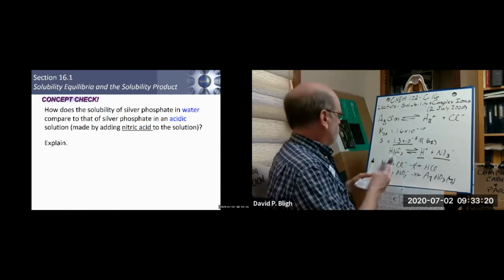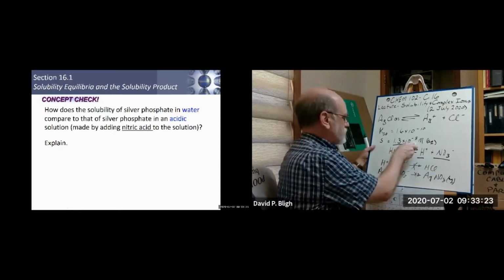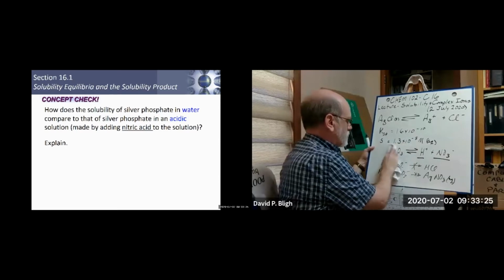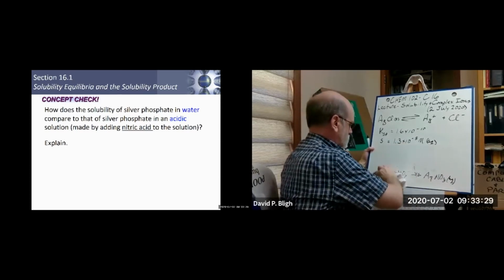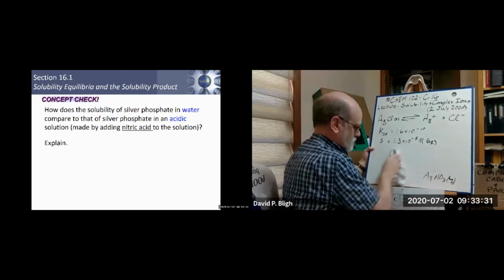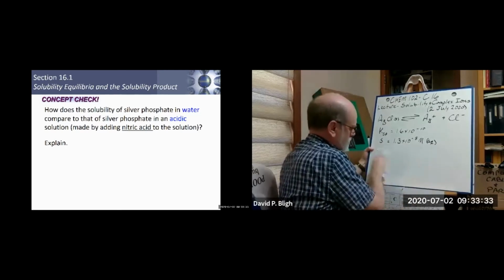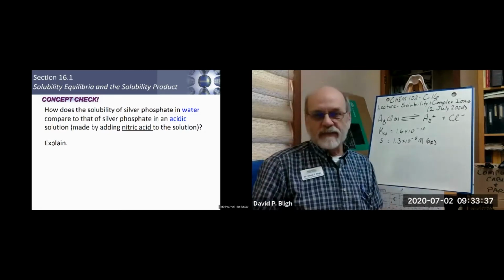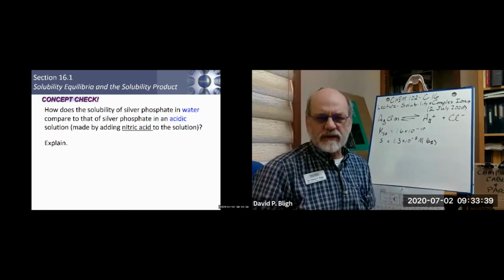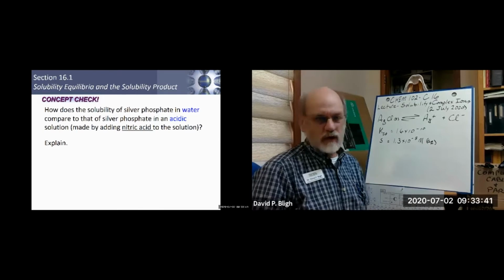Okay, so let's see, we've got this one. Let's look at another possibility. All right, how does the solubility of silver phosphate in water compare?